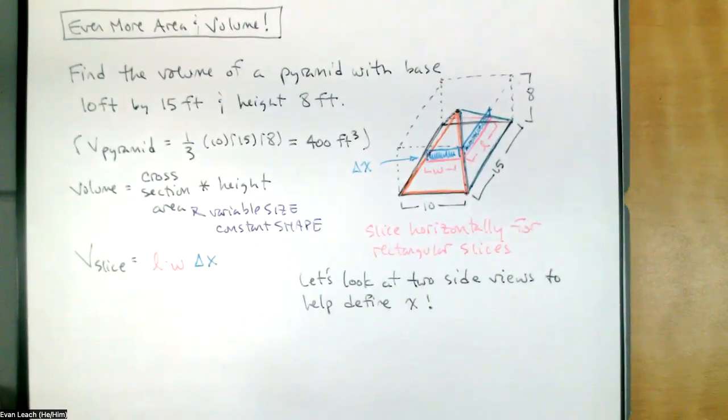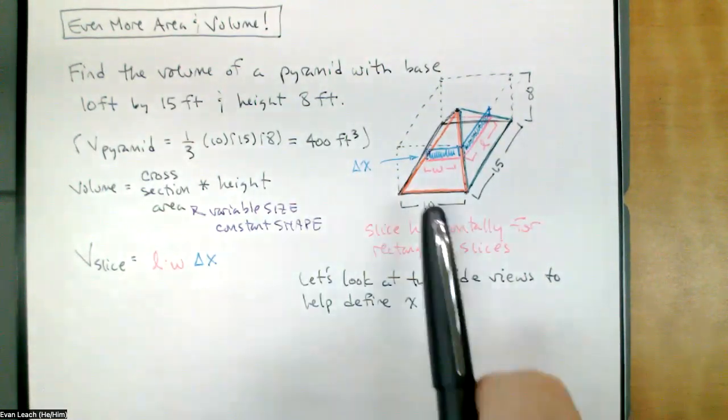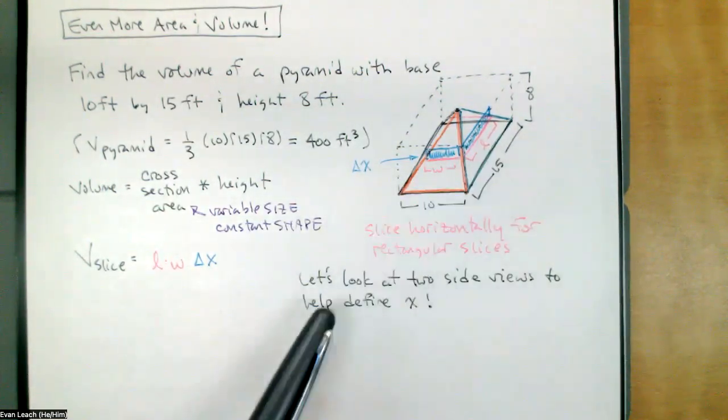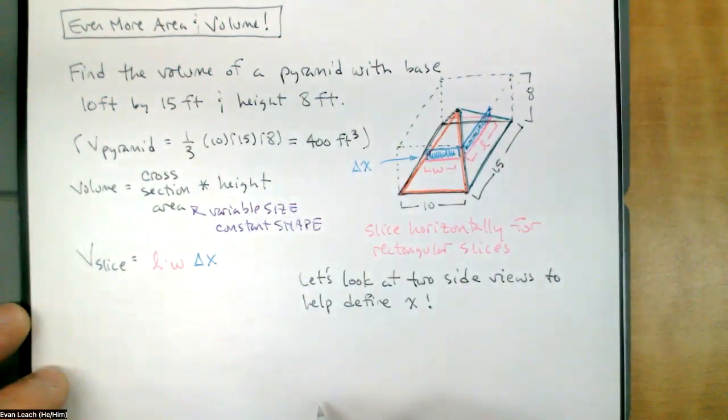So we're going to look at a couple of side views to help define X. One is going to be the side view from the front, looking at that 10-foot floor, the red facing.